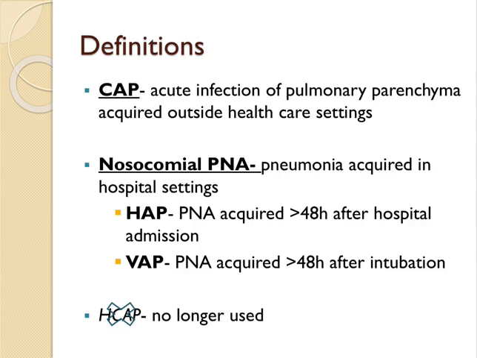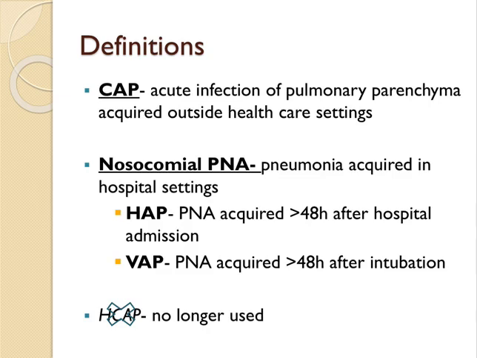So first, let's go over definitions really quickly. As you know, community-acquired pneumonia is defined as acute infection of pulmonary parenchyma that is acquired outside the healthcare settings or hospital settings. The nosocomial pneumonia is defined as a pneumonia which is acquired in the hospital settings, and it has two entities within it.